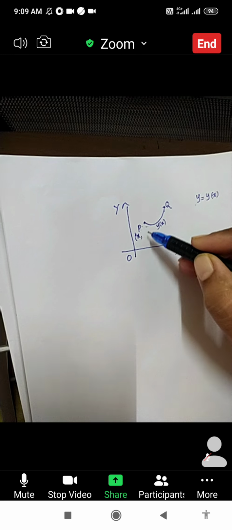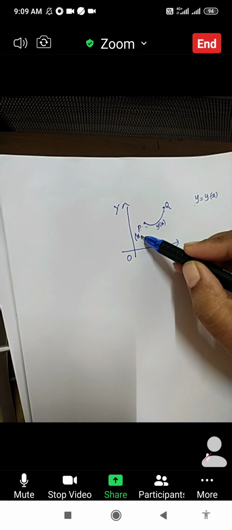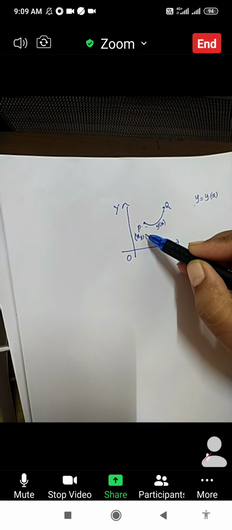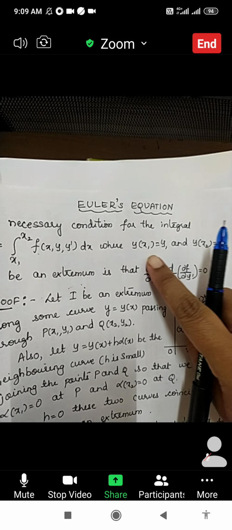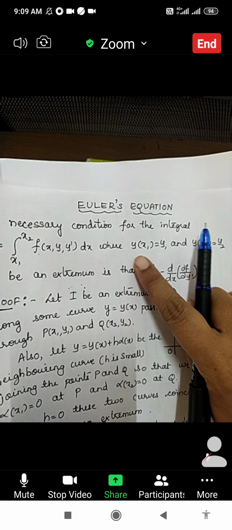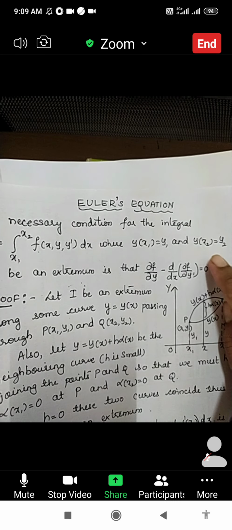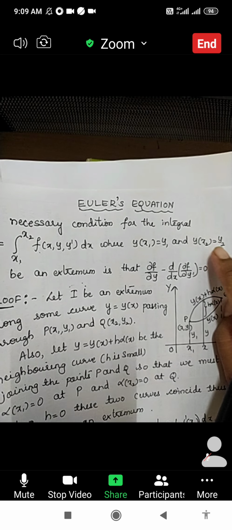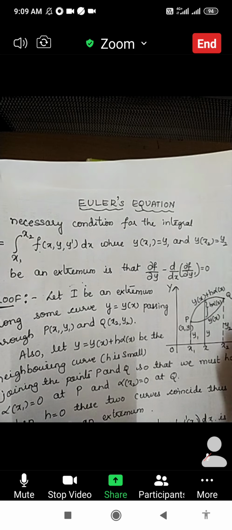Suppose we take the x coordinate of P as x1. In the question, when x is x1, y is y1. When x is x2, y is y2.